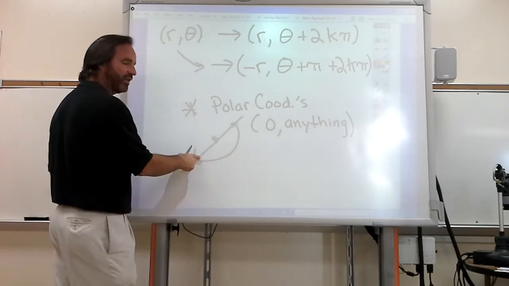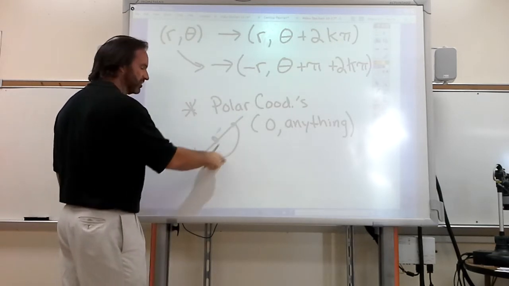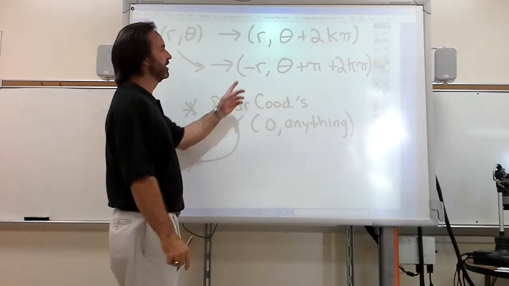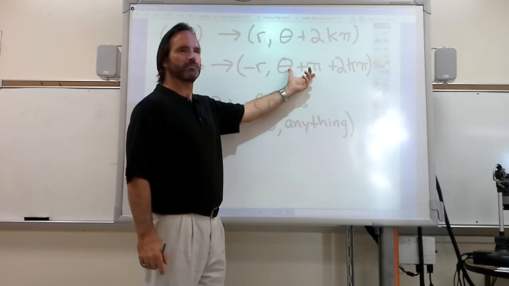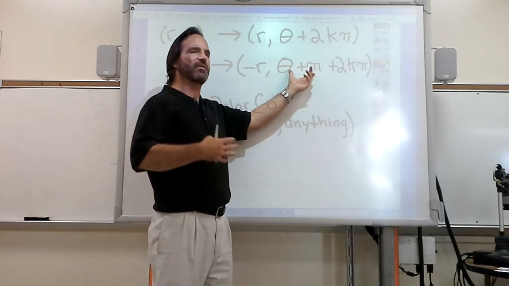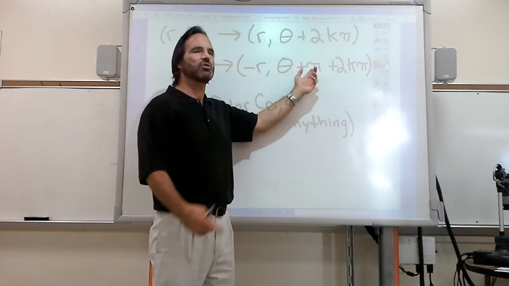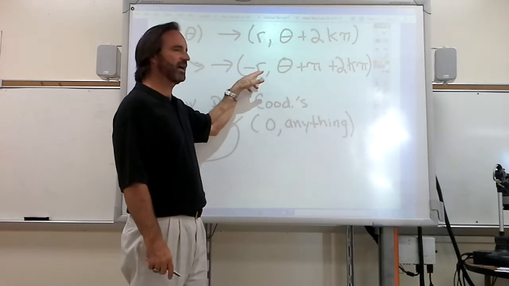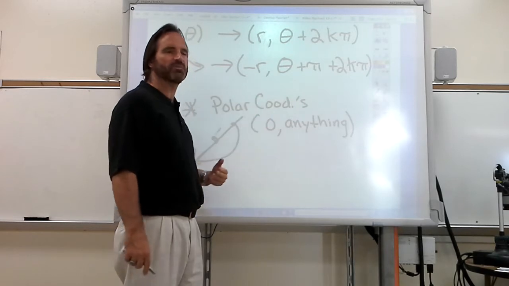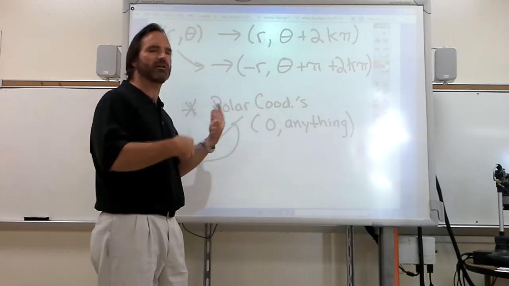Once you get that theta, now add increments of 2 pi to that. So we took pi/6, made it 7 pi/6 with a negative r, and we could add 12 pi/6 to that, 19 pi/6, and so on.